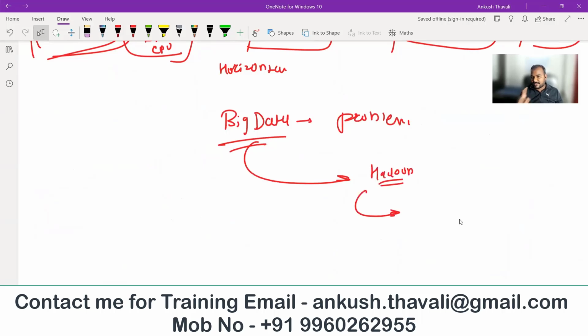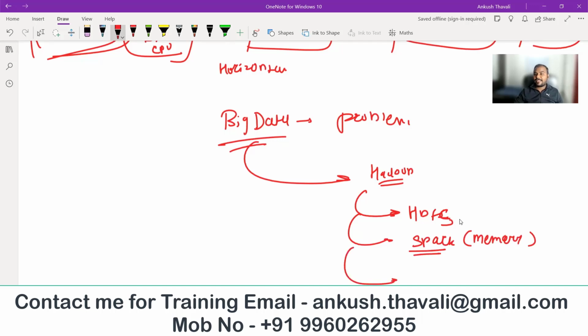In that, as Anamika said, we have multiple components and modules. To store my data, we are going to use HDFS. Then to process the data in memory, we are going to use Spark, which is a famous technology nowadays in Hadoop.